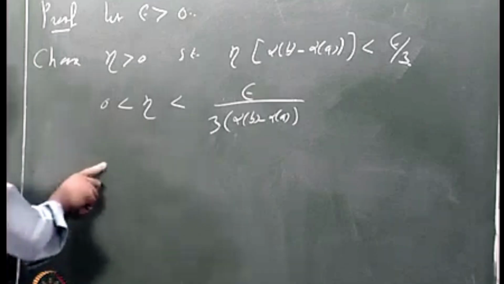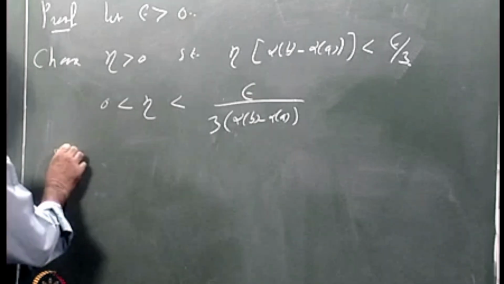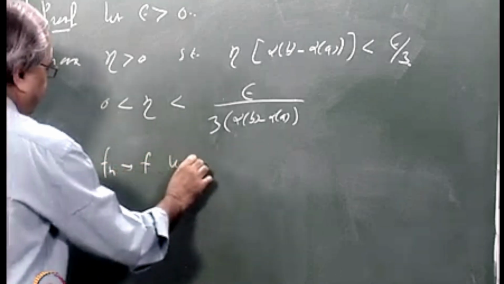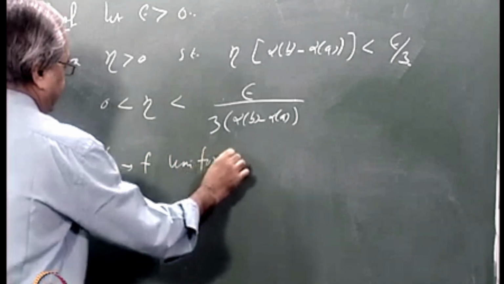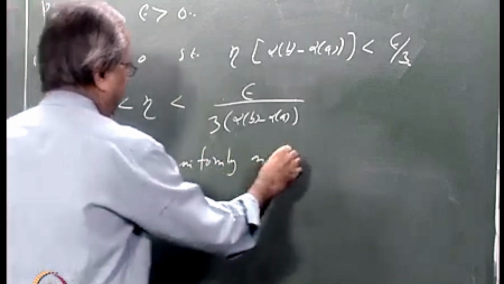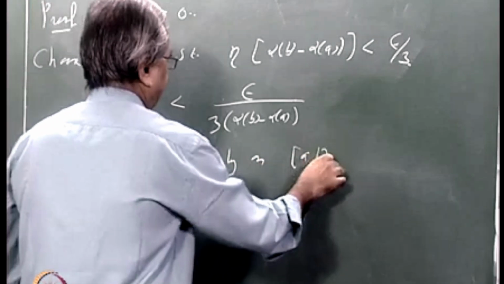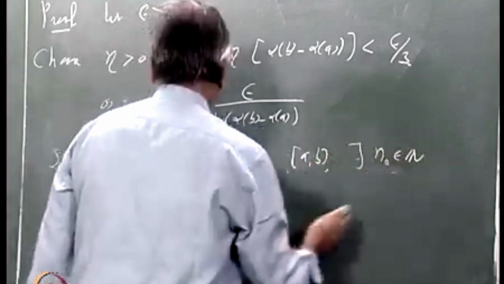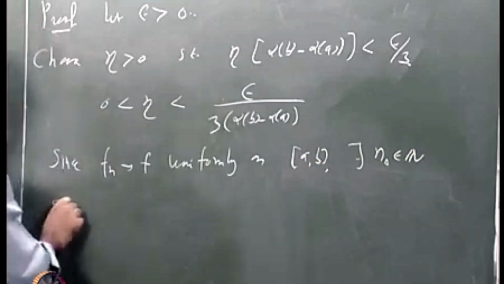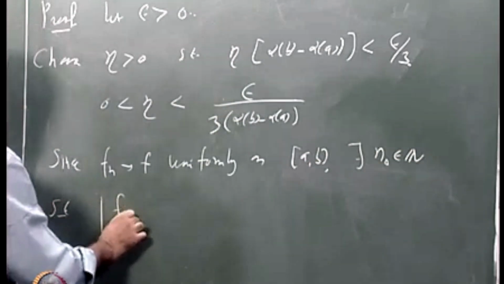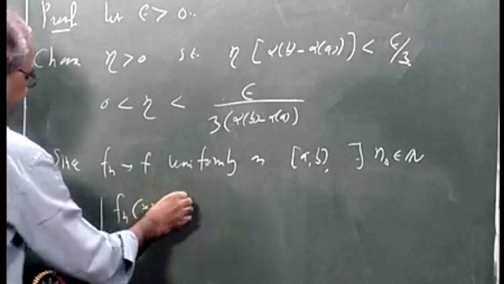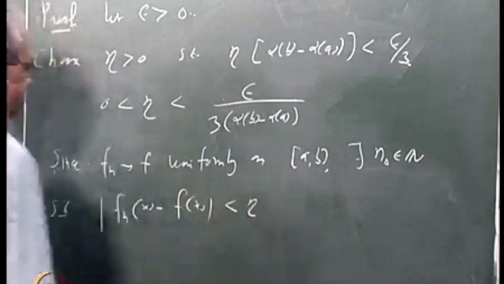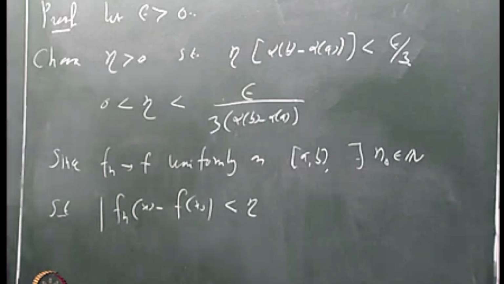So since fn tends to f uniformly on [a, b], there exists n0 in N such that mod of fn x minus f x is less than eta.